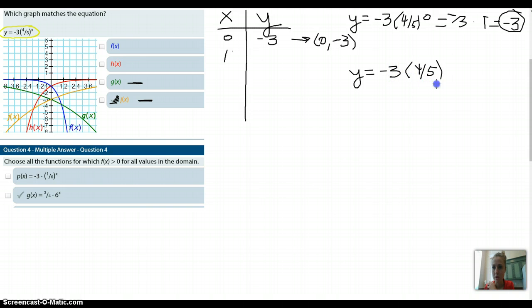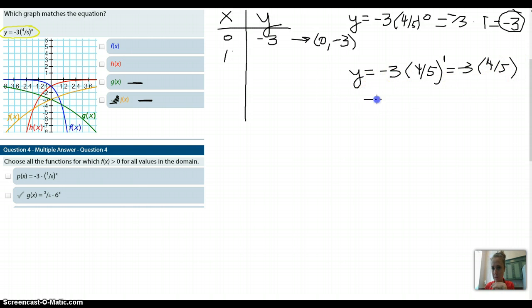And then remember, where the x is up here, I'm replacing it with the number 1. Anything to the first power is equal to itself. So I know that this is just equal to negative 3 times 4/5. Sorry, my 4 and 5 look kind of funny.